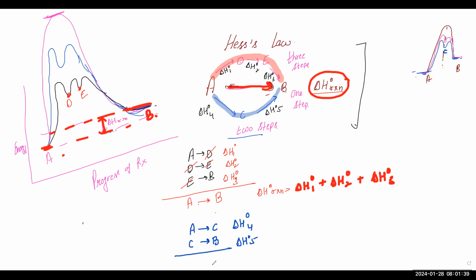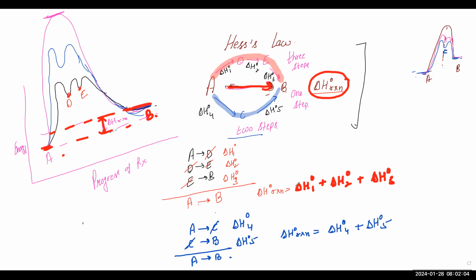Add these reactions. Yes, C is the intermediate, Cheyenne. Very good. Final equation is still the same. Path is different. What is delta H naught of the reaction? This reaction is delta H naught 4 plus delta H naught 5.